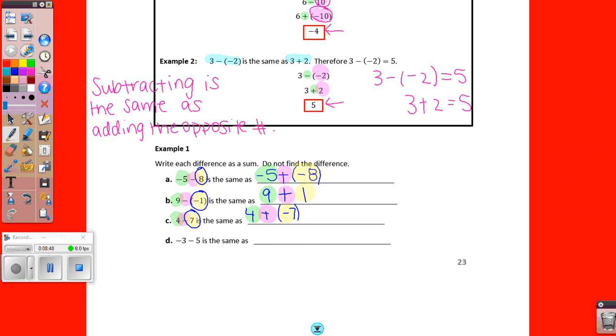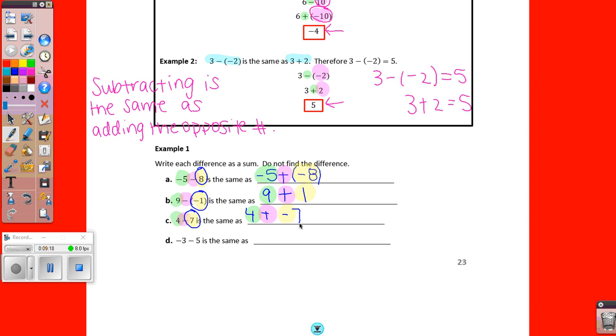Without parentheses, let me go back and show you what that would look like. If I wrote 4 plus negative 7 without parentheses, it looks like 4 plus minus 7. Minus and a negative, those do not mean the same thing, okay? Minus is a verb, whereas negative is an adjective, in an English sentence.